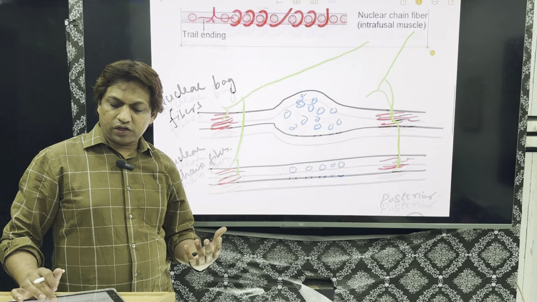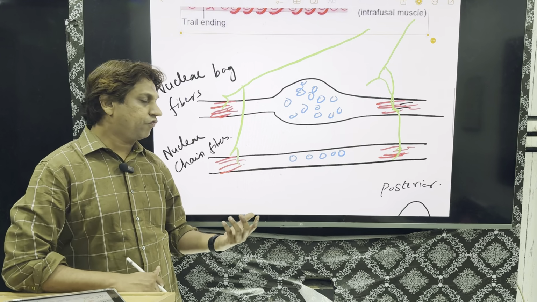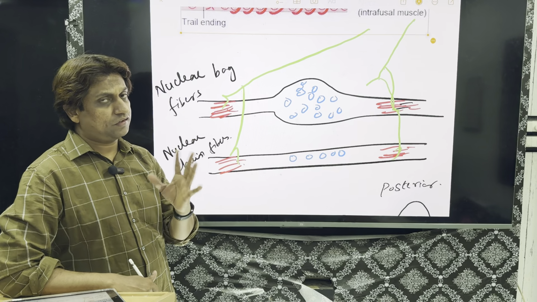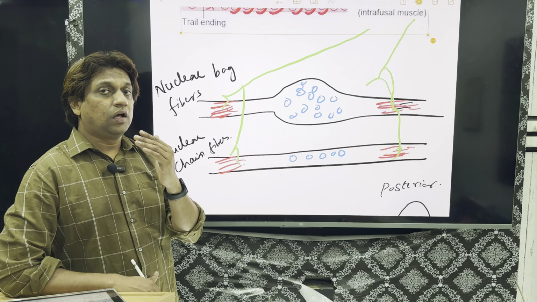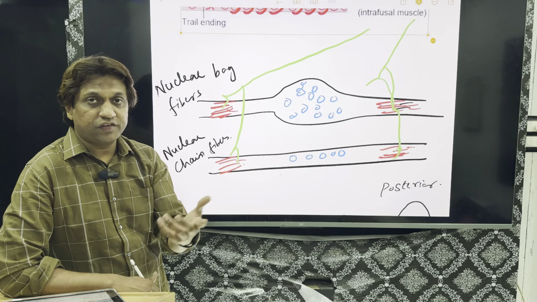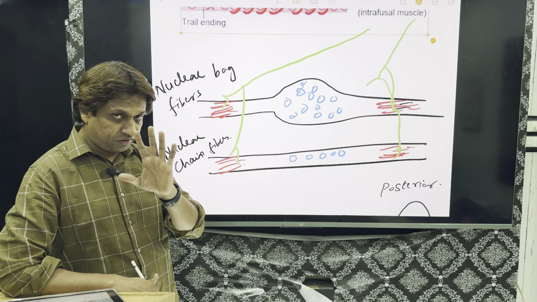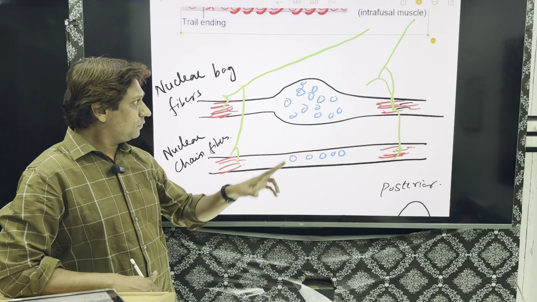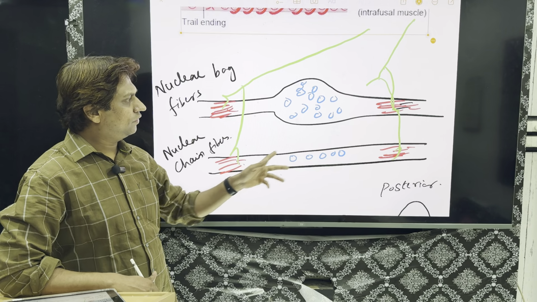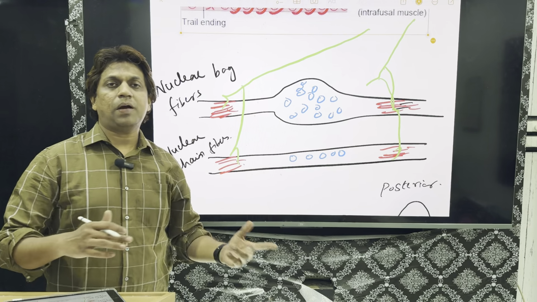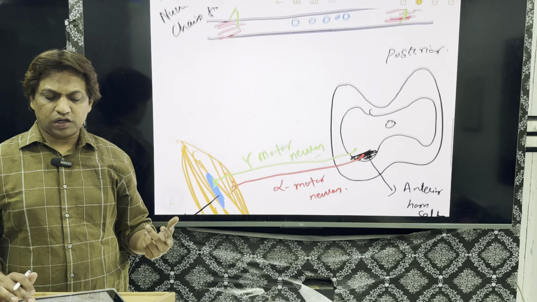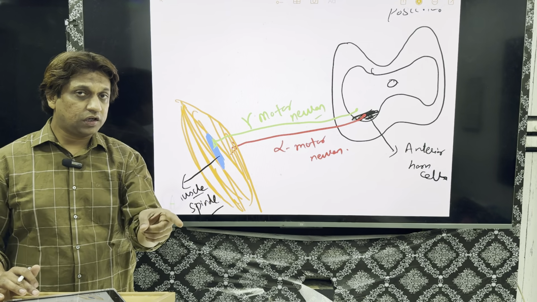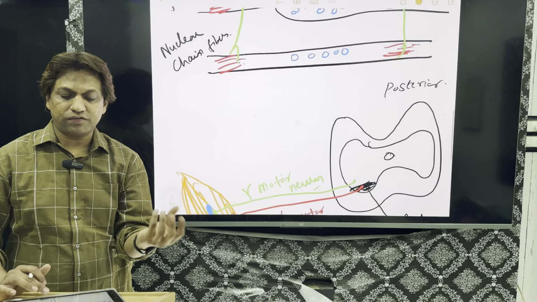Again, this gamma motor neuron is of two types, dynamic and static. We will discuss this when we discuss the stretch reflex in detail, most probably in the next video. Just remember, the gamma motor neuron supplies these actin and myosin filaments, whereas the alpha motor neuron supplies the extrafusal fibers and the gamma motor neuron supplies the intrafusal fiber, that is the muscle spindle.